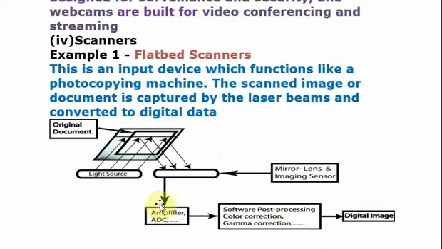Then the corresponding software, whatever the device we use, we need to install the compatible software as well. That software will finally convert the digital signals to a digital image. Finally we will get an exact copy of the original document.